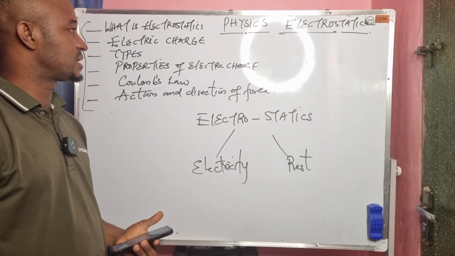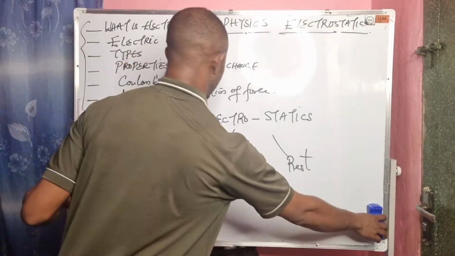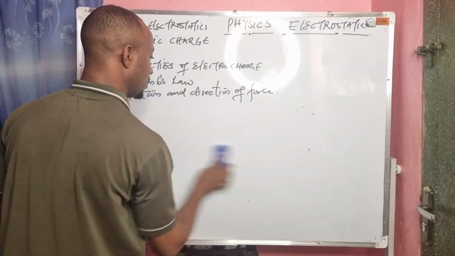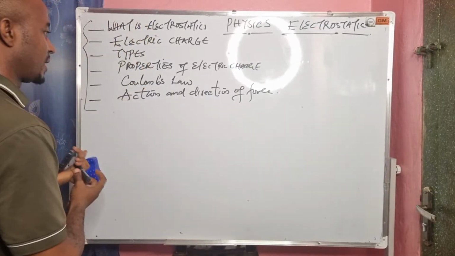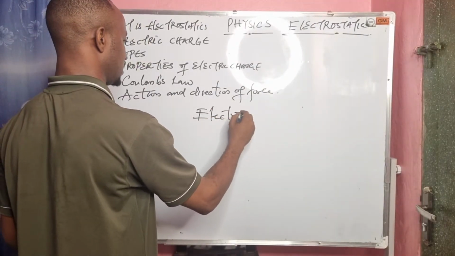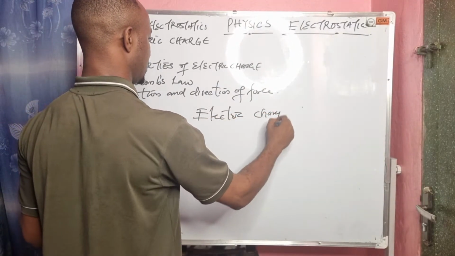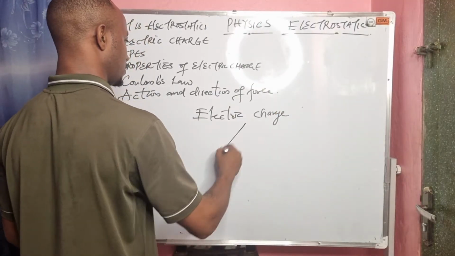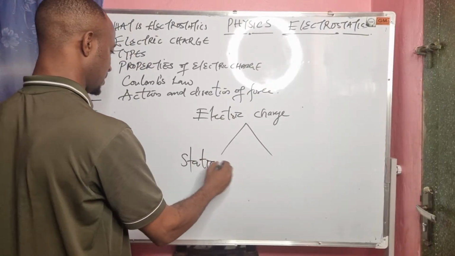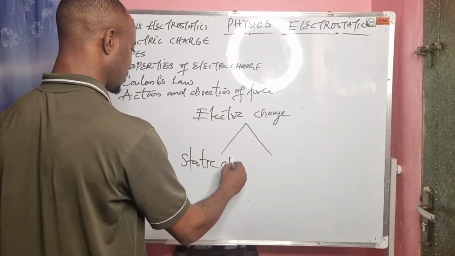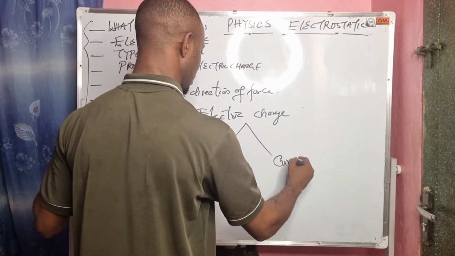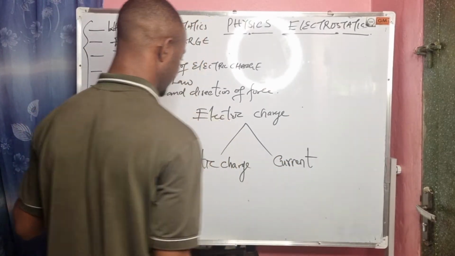All right. Electric charge, we know fundamentally can be grouped into two. We have what we call static charge, and what we call current.